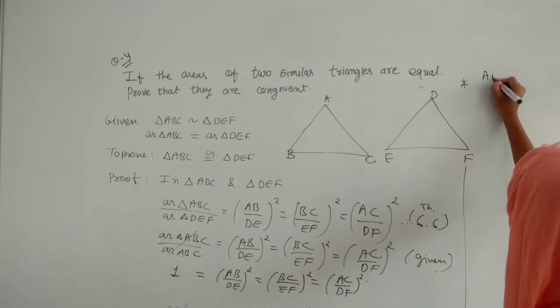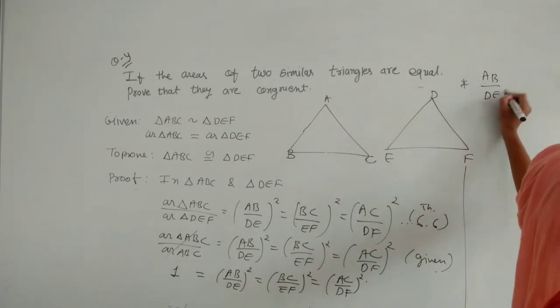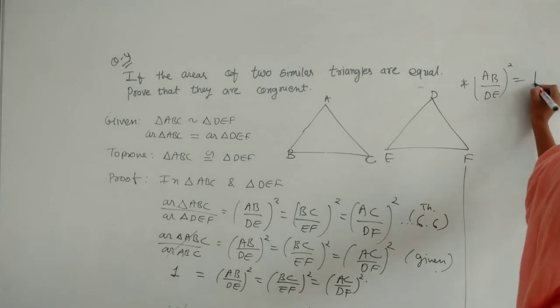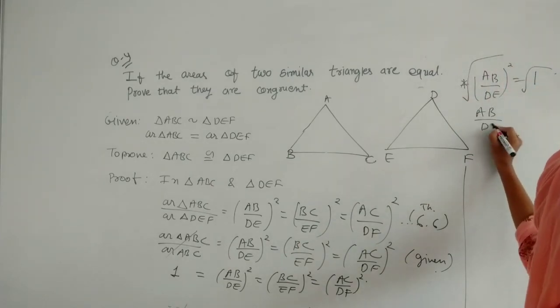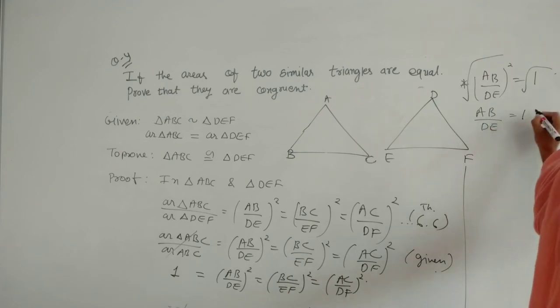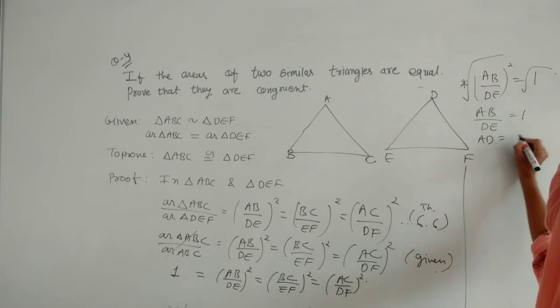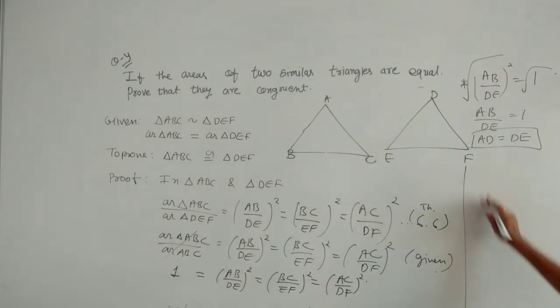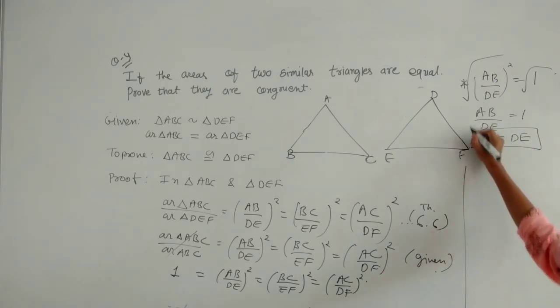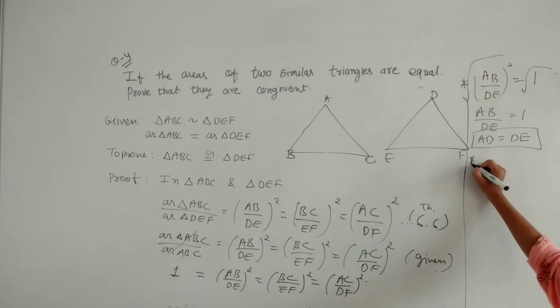That is AB by DE whole square equals 1. Take root on both sides, so it will look like AB by DE equals 1. So AB and DE will be the same, and make it highlighted. Wherever it will be useful to us, we will use it. We will make another star.